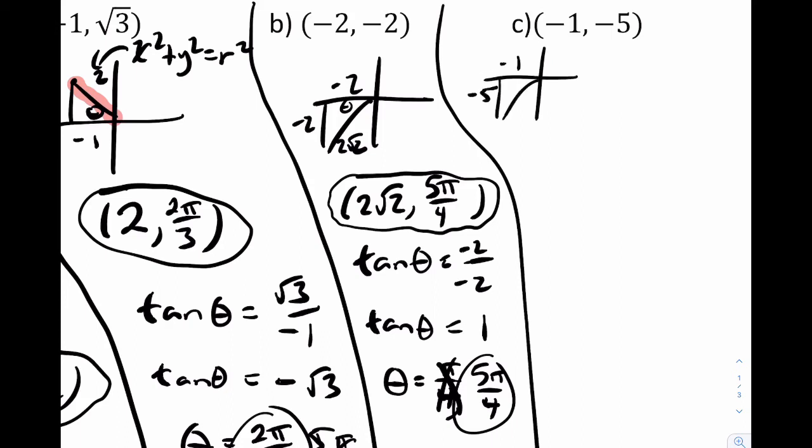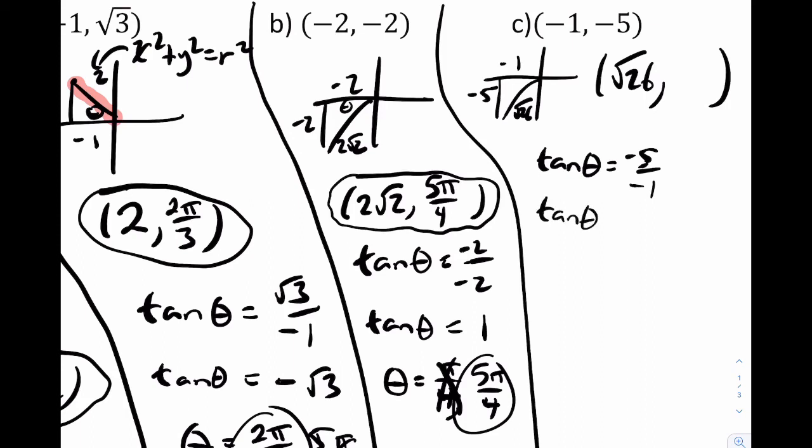-1, -5. So this one, we're not going to be able to do by hand, as you probably noticed. The hypotenuse is root 26. So already I'm going to write that for you, root 26. We don't know this angle theta. I'm going to write tan theta is equal to -5 over -1.